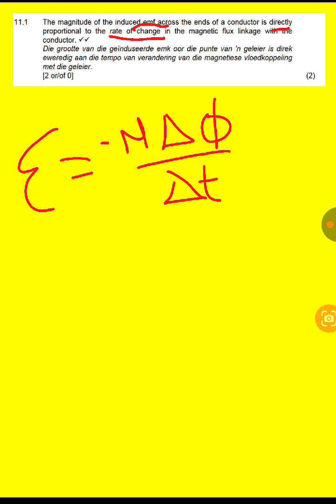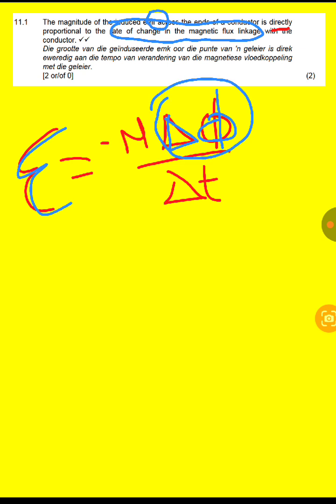But if we only focus on this when we state Faraday's law, we say the magnitude of the EMF induced across the ends of a conductor is directly proportional to the rate of change in magnetic flux linkage. That is Faraday's law.